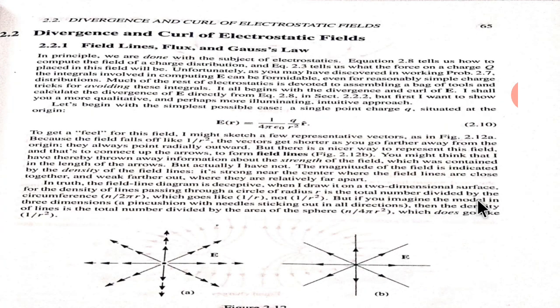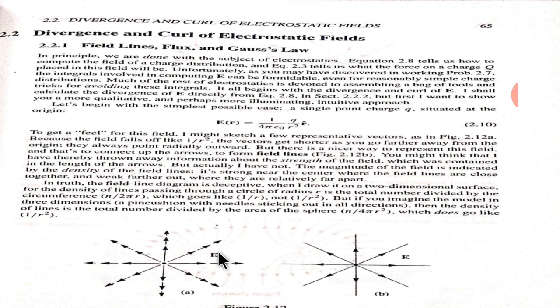Now in electrostatics we study the electric field lines. Now what are electric field lines? An electric field can be represented with the help of a diagram as a set of lines with an arrow on the head, called electric field lines.